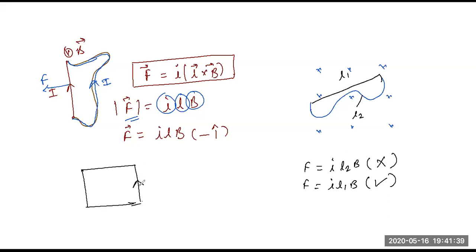If let's say the current is flowing like this, right? And your magnetic field is in inward direction. You can consider it as a square. So A, right?